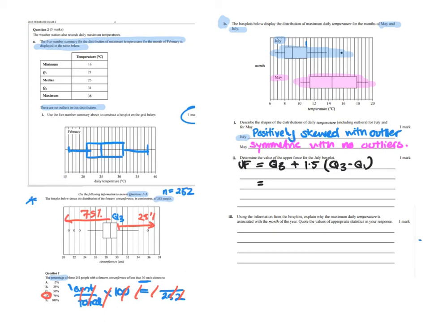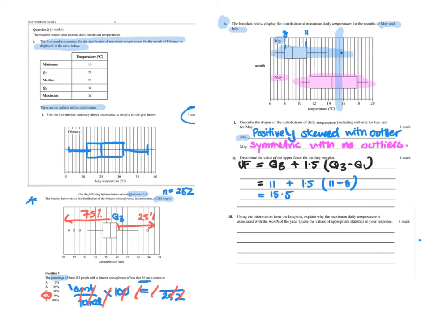And what's this one? 8. Okay, so we're going to say it is 11 plus 1.5 times (11 minus 8), and that equals, what would that equal? Okay, so we get 15.5. So anything above 15.5, which is roughly there, would be an outlier. So that's why that other one is an outlier.